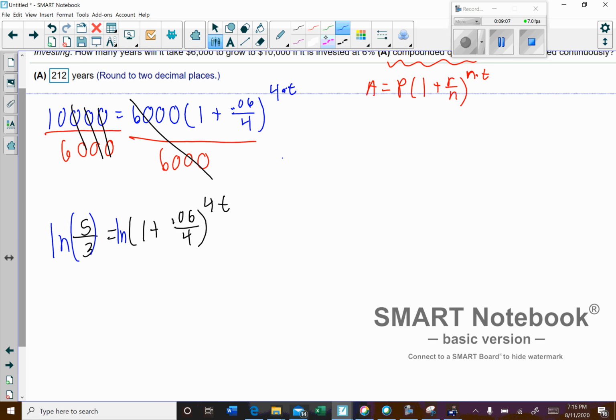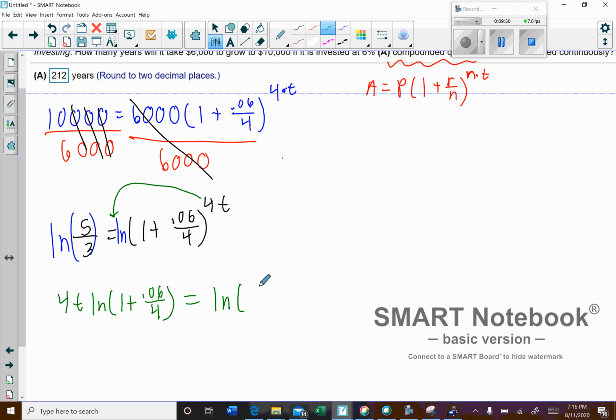When I do that, I can move the 4t out in front. So now I'm going to have 4t times the natural log of 1 plus 0.06 divided by 4, which I can figure out if I really want to, but I'll just leave it like that for now, equals the natural log of 5 over 3.